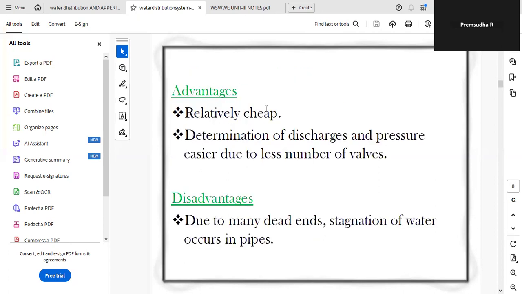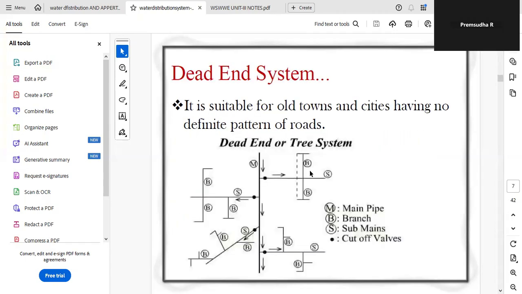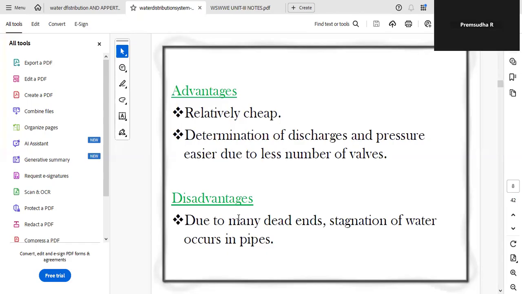The advantage of this dead-end system is that it is relatively cheap, and determination of discharge and pressure is easier due to the less number of walls. It is suitable for old towns and cities having no definite pattern of roads. The disadvantage is that due to many dead ends, stagnation of water occurs in pipes.